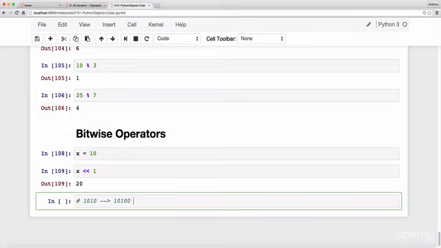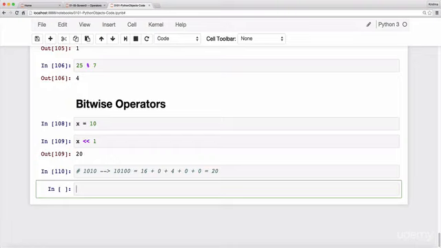And if you add up the place values for this binary notation, here the place values are 1, 2, 4, 8 and 16. So you will have 16 plus 0 plus 4 plus 0 plus 0, that gives you 20. That's how you got 20.